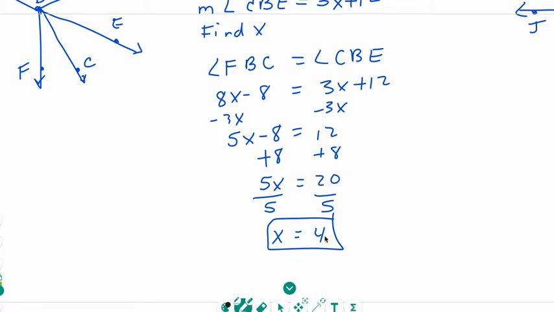And you can also put 4 into 3x plus 12 and find out what CBE is. That's an easy one to do. So 3 times 4 is 12, plus 12 would give us 24. So if that angle is 24, then the other angle is 24 as well.